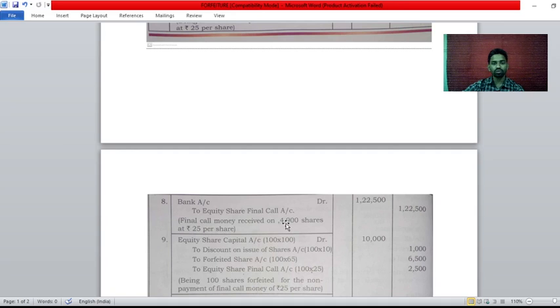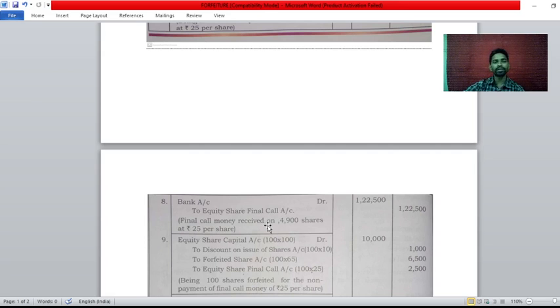It should be 5,000 shares, but here it is 4,900 shares, because for these 100 shares, X has not paid the final call. That's why the company is not receiving it. Up to this, I hope it is clear.